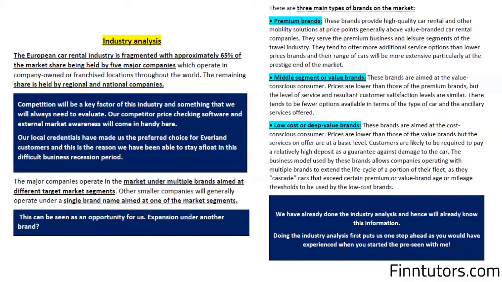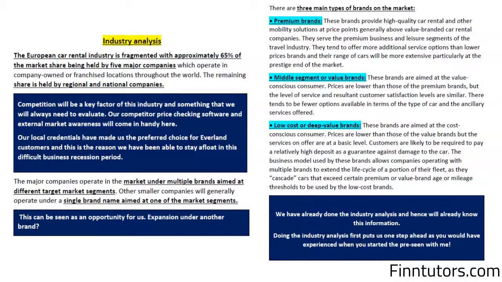The major companies operate in the market under multiple brands aimed at different segments. For example, let's say one company's premium segment cars are rented under the company X. Its economic cars are rented under the company Y. So it will be one parent company, but it will have multiple brands aimed at different segments.